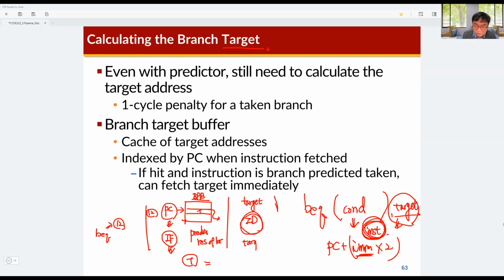So we can predict the result of the branch instruction at the instruction fetch stage, but the target is resolved at the instruction decode stage. So even though we use the branch predictor, the target is resolved in the ID stage, so one cycle is still wasted.